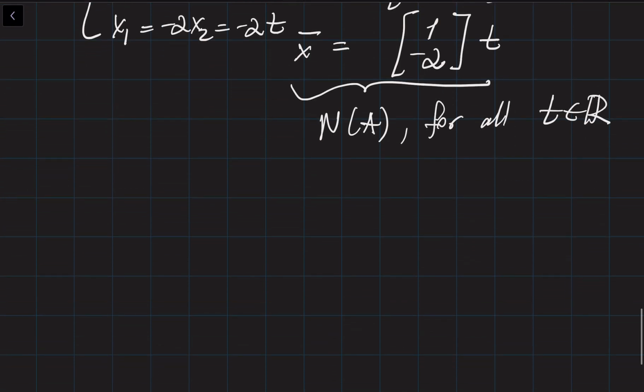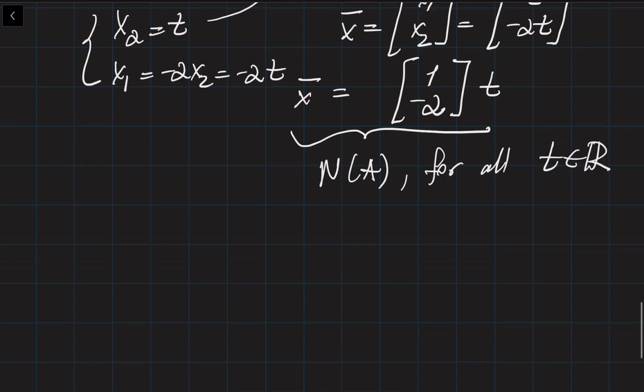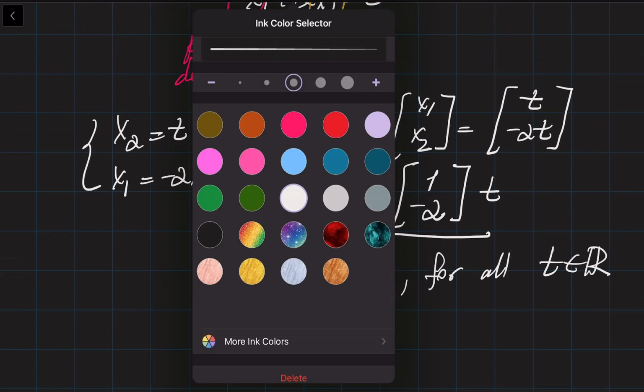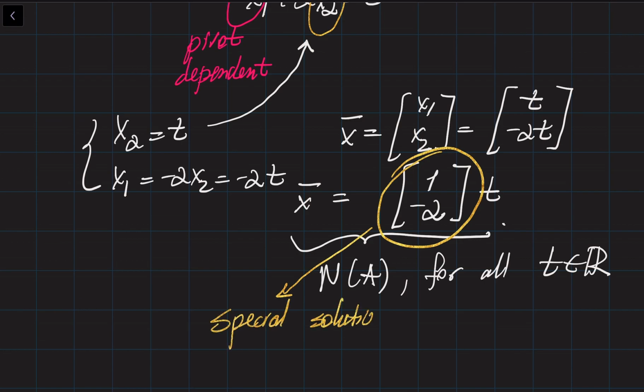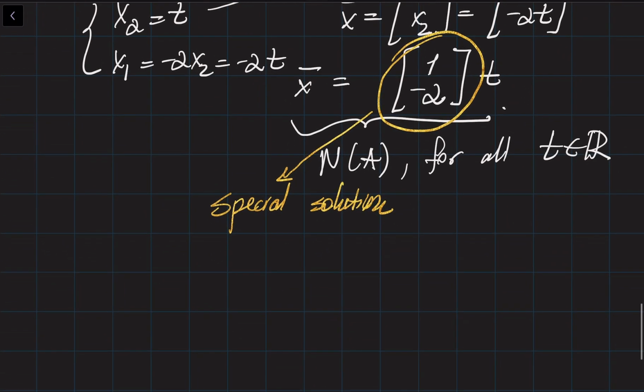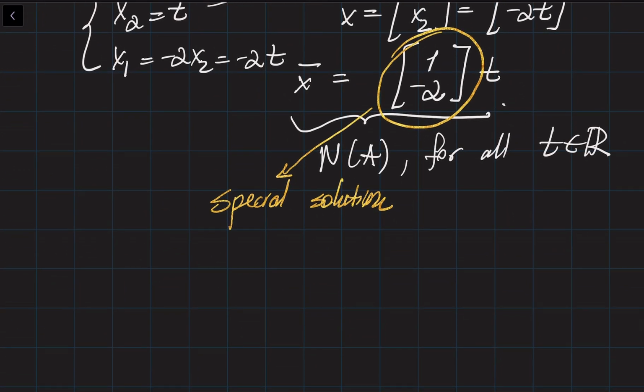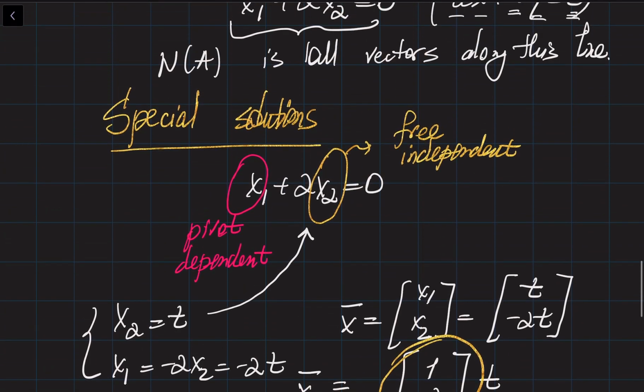Okay, so this is how we are going to define the null spaces of matrices. The solution which we obtained here is going to be called the special solution. Later on, in our next video lectures, you will see that the number of special solutions is going to depend on the number of free variables.